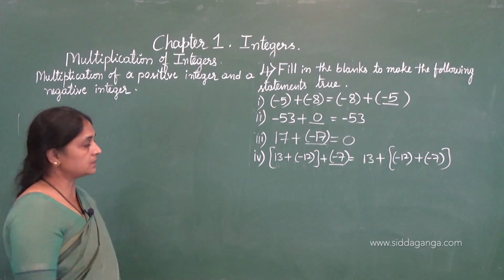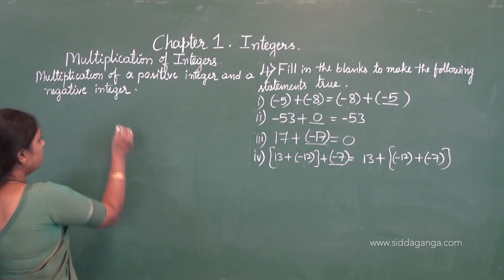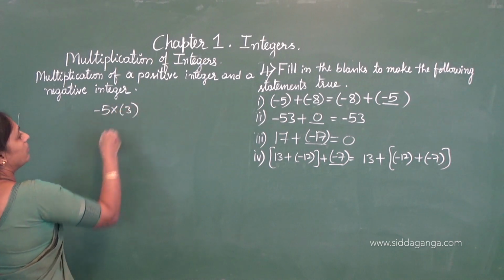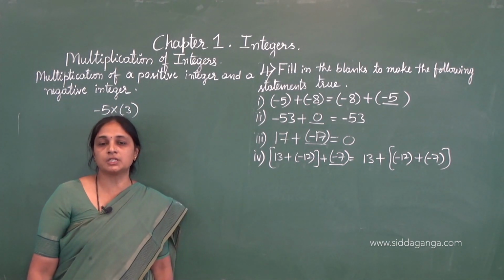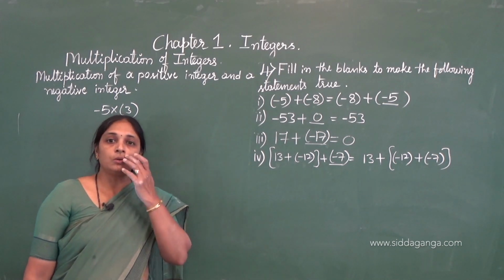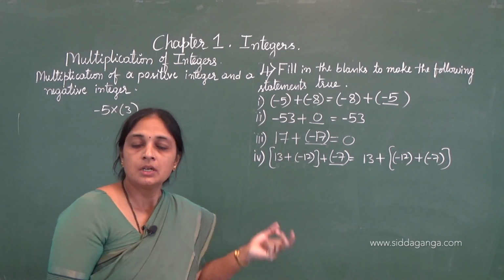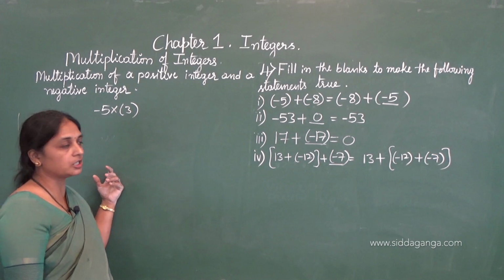Okay, let's consider any two integers where one is positive and one is negative. So consider minus 5 into 3. This is multiplication. As we do in whole numbers and natural numbers, we do the multiplication in integers also.